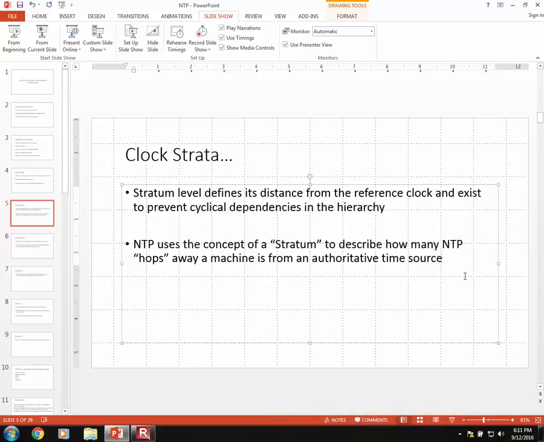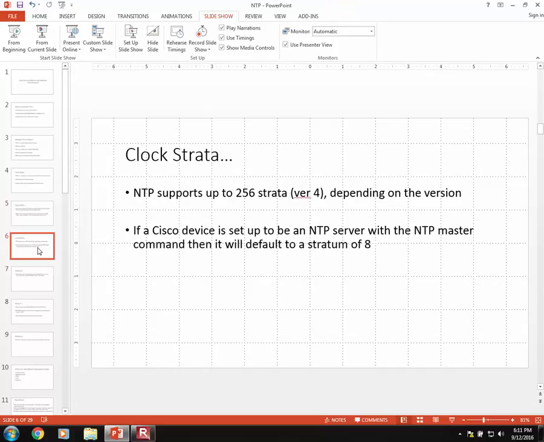The further you are away, the longer it's going to take you to eventually get the correct time. NTP supports up to 256 strata in version 4. Other versions support a little bit less, but 256 is a bit large.